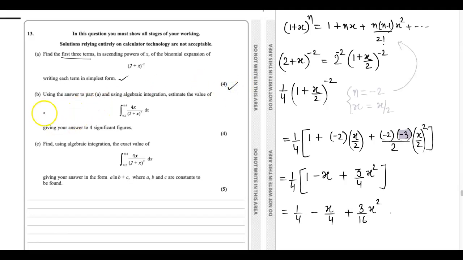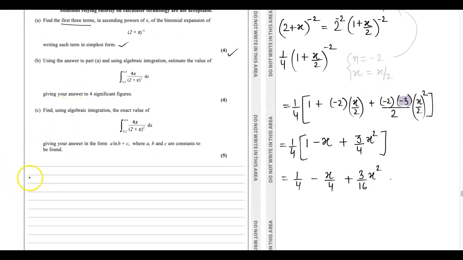Next part says, using the answer to part A and using algebraic integration, we have to estimate the value. So I'm doing B part over here. For B part, we have limits 0.2 to 0.4, and we have 4x over 2 plus x squared dx.